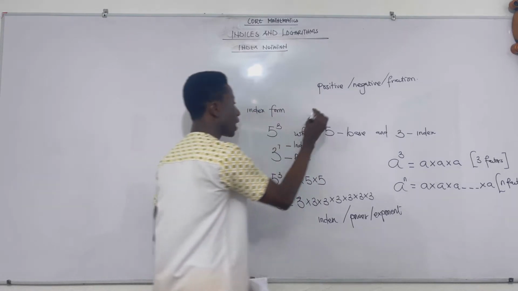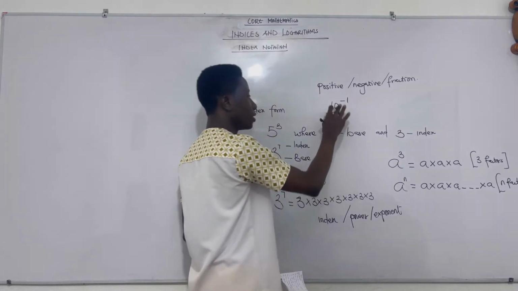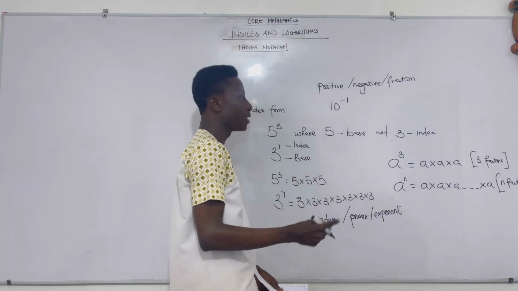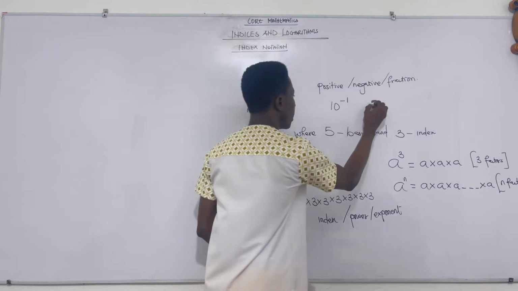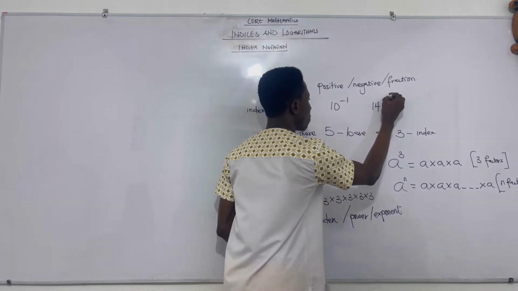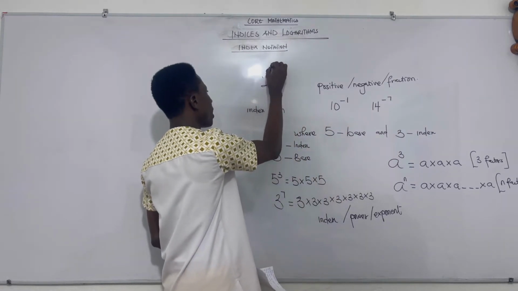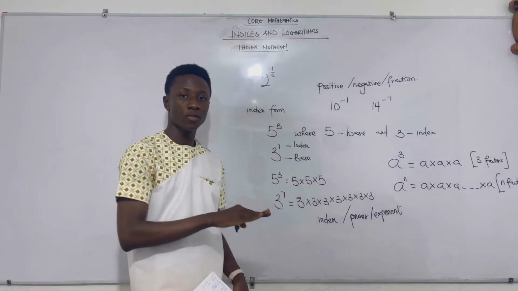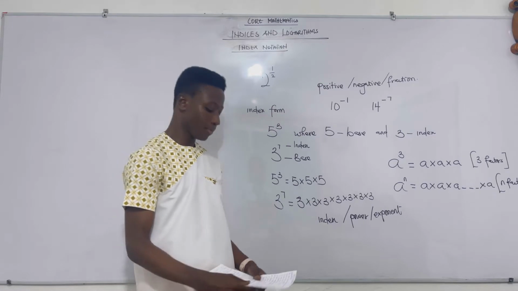But we can have it this way: 10 exponent -1. So you should expect the index to be -2 as well. When you see that, it does not deviate from the rubrics. And then you can have 14 to the power of -7. You can as well have 2 to the power 1/2. So the index can be positive, negative, or a fraction.